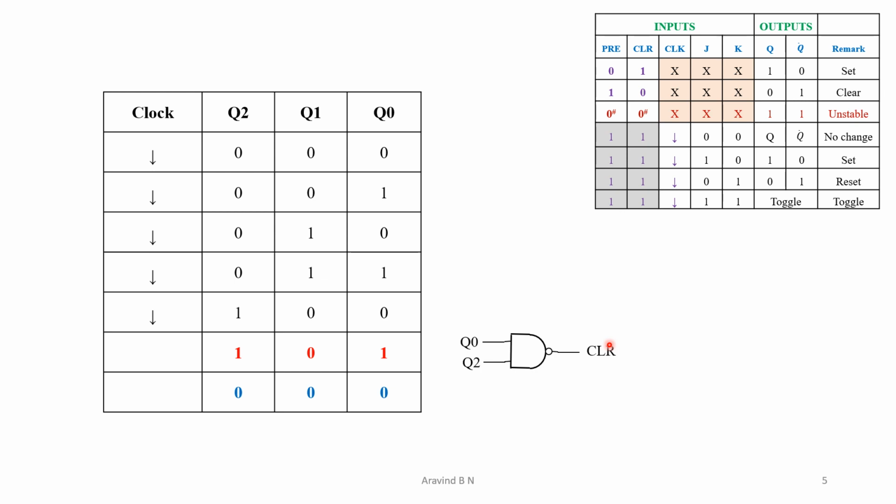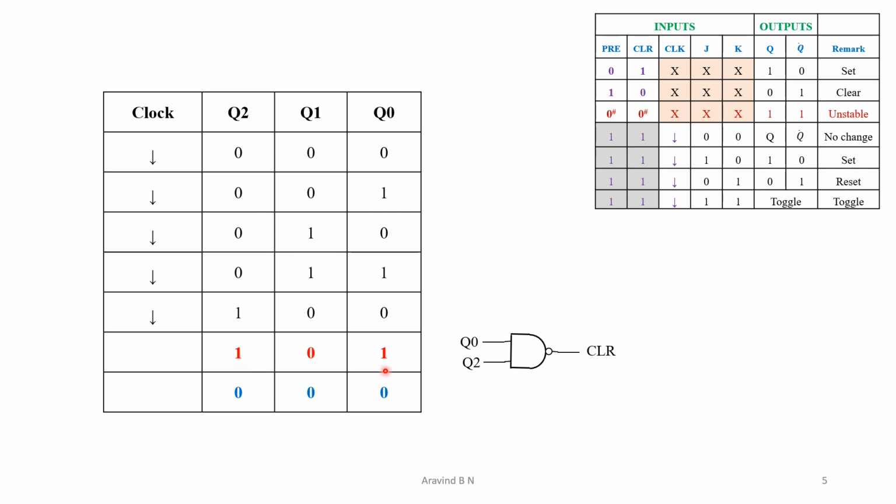The second condition is that we are working with the mod up counter design. Whenever we are working with the up counter design, up to the point where we want to make the counting operation, after that whatever the count value is, from that we need to tap the ones. Ones in the sense Q0 is 1 as well as Q2 is 1.